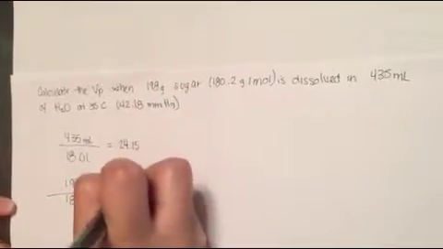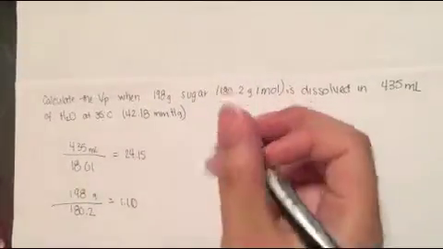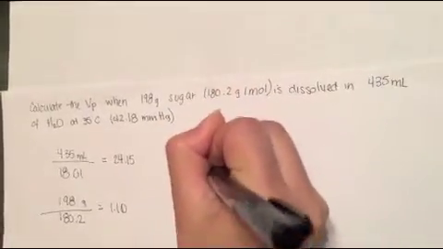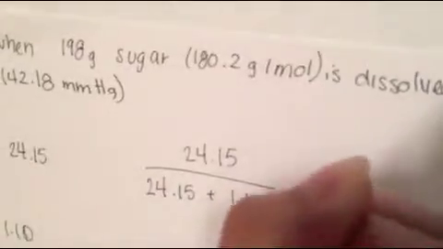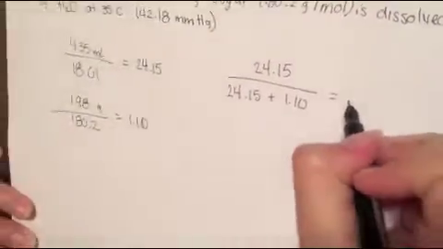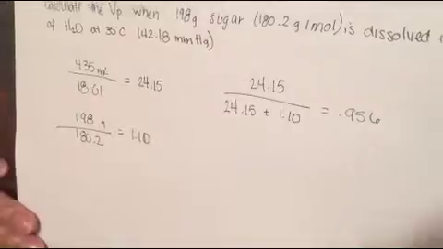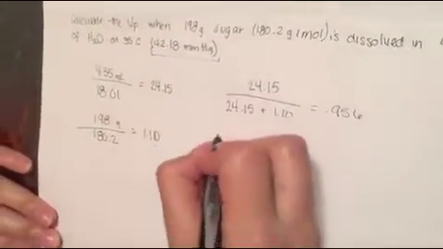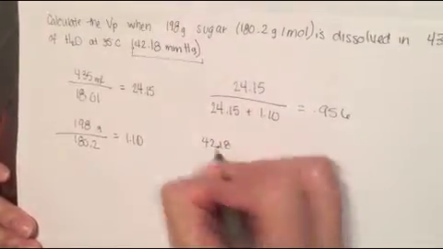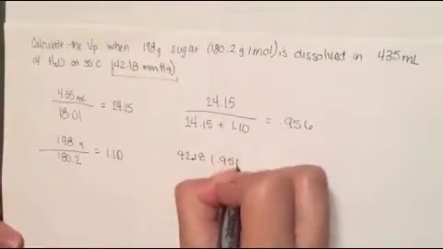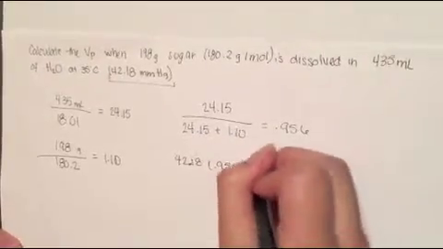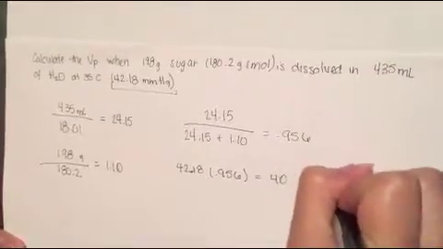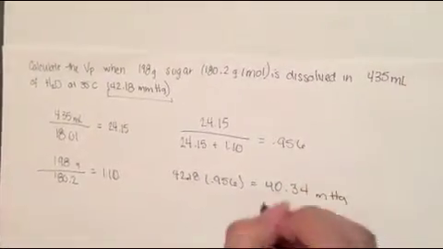And you get 1.10. After this, you're going to plug it into your formula, and that's going to give you 0.956, and they're already giving you this value right here, so then you just multiply 42.18 times 0.956, which is going to give you 40.34, and that's your answer.